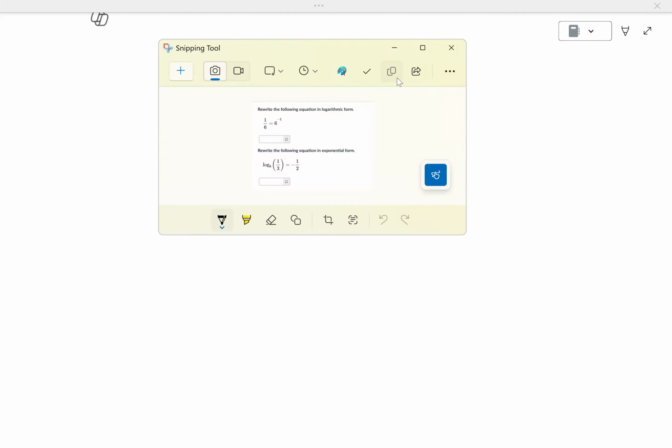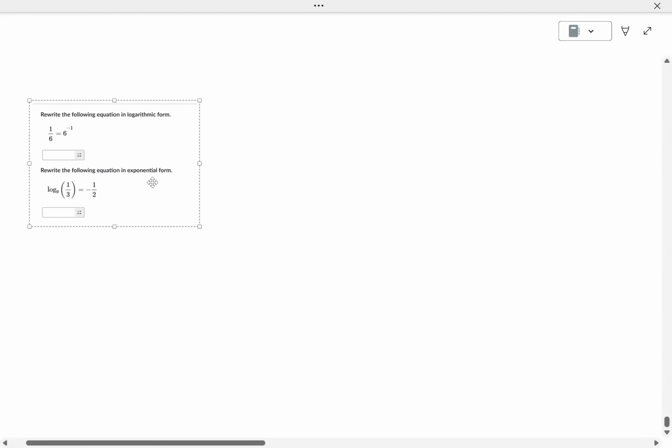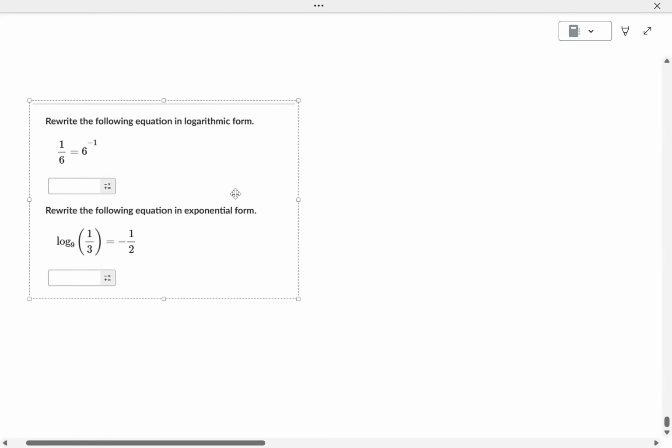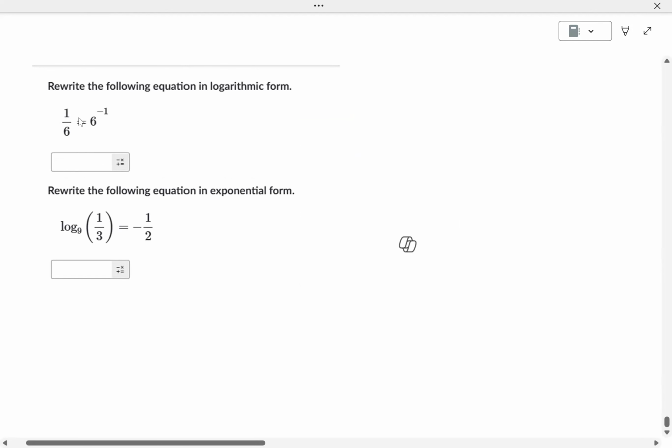We've got to work backwards for the other one. So for this one, the first part, it has everything written as an exponent and it wants us to write it as a log. That I think is a little bit tougher. It's like doing the opposite of what we've been doing so far with the snail rule.